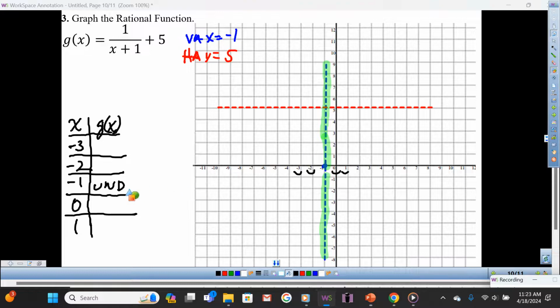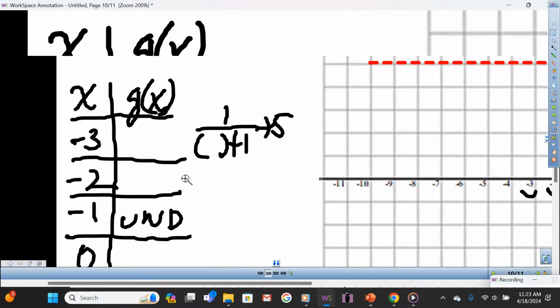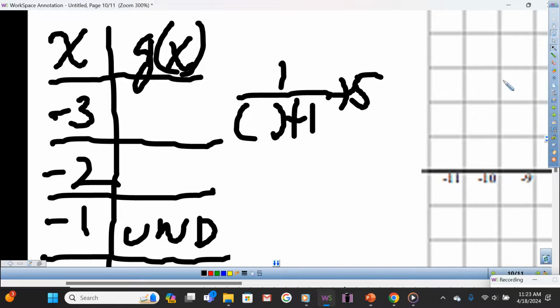All right? So with that said, let's get some work in. Let me zoom in. So I'm going to write this right here. 1 over parentheses x +1, +5. Substituting -3.